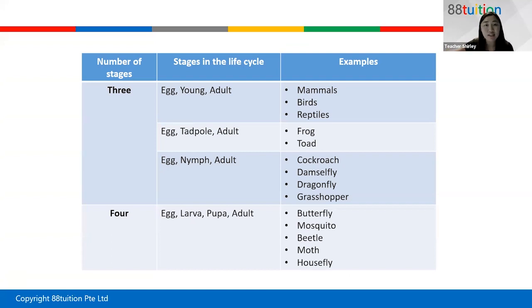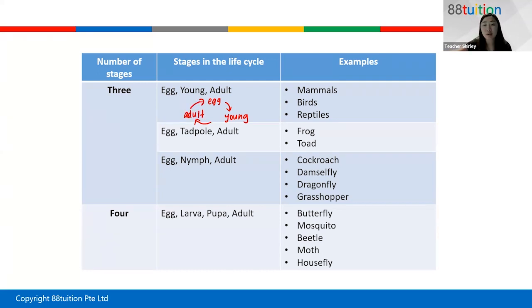Now let's look at this table. This table basically summarizes everything you need to know about the different life cycles of animals. For the 3-stage life cycle, basically it goes in a circle: egg, young, adult.